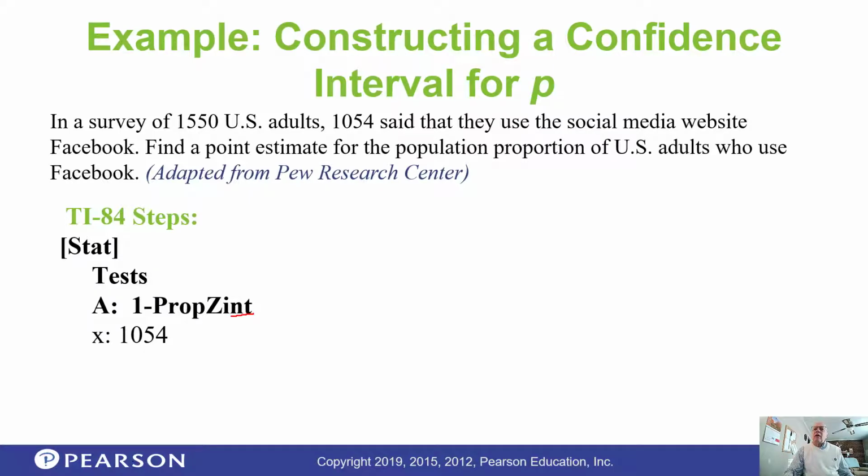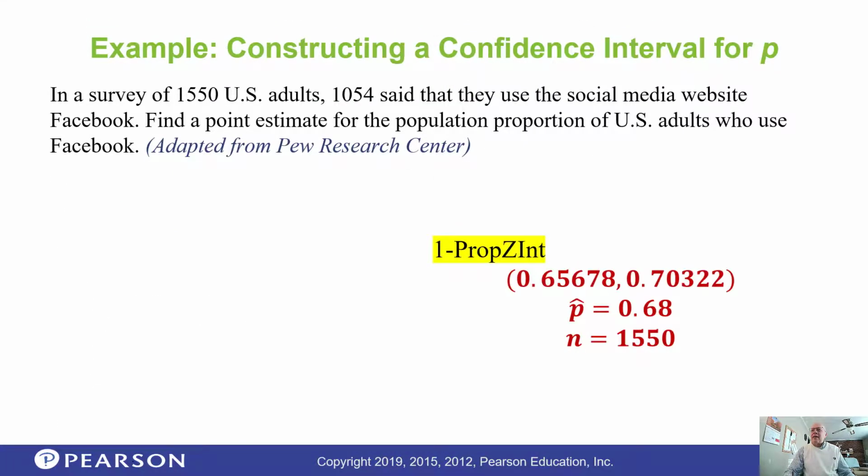Put the 1054 in for the x. That was in the numerator for our point estimate, remember. Second, put in the size of n, our sample size. Put in the confidence level. Now one thing you might notice here is the confidence level is exactly what you have, so you don't have to make simple adjustments. Hit calculate, and here you go.